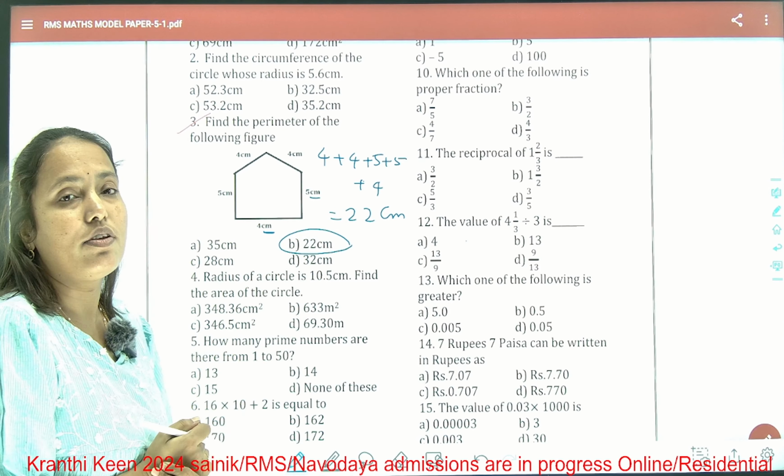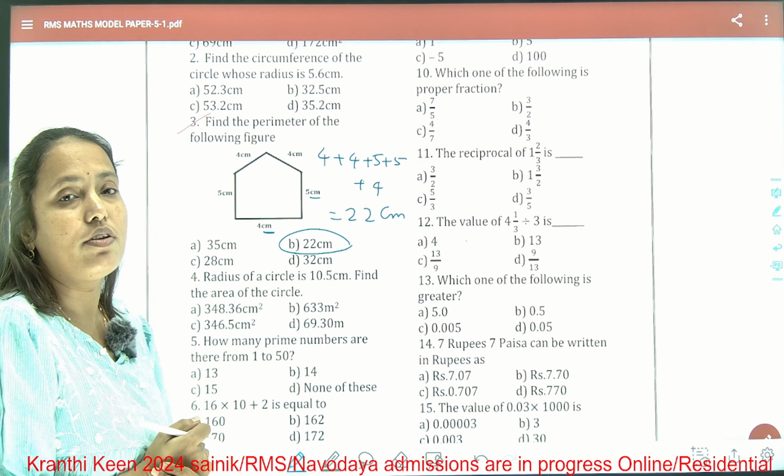Here they gave 1 meter square. We need to convert. They didn't ask anything; they gave some options. So which unit do we need to convert to? They didn't give any hint. These are totally based on the options.